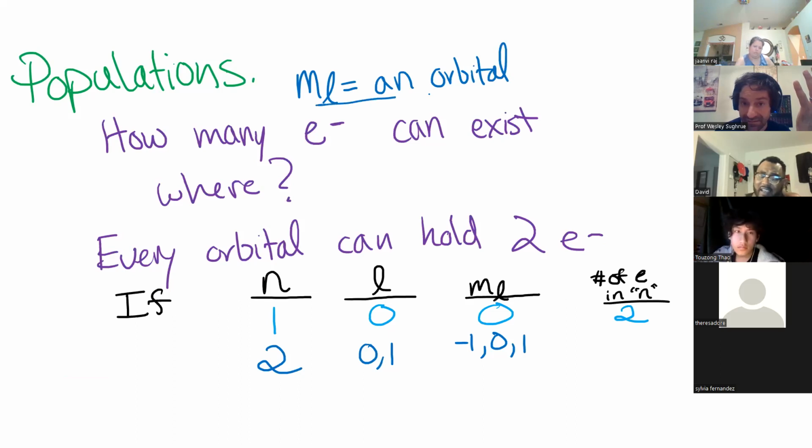Okay. Keep that in mind. And how many electrons can exist within an orbital? It's 2 electrons to an orbital. There's -1, 0, and 1 available as orbitals. So that's 3 orbitals available. So the number of electrons that can exist within n is 6.